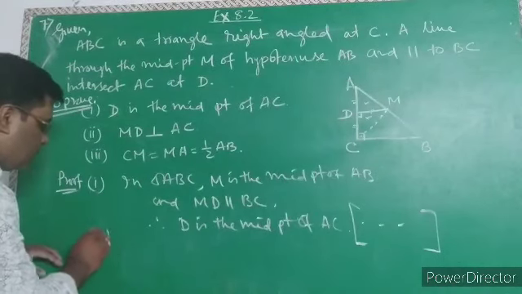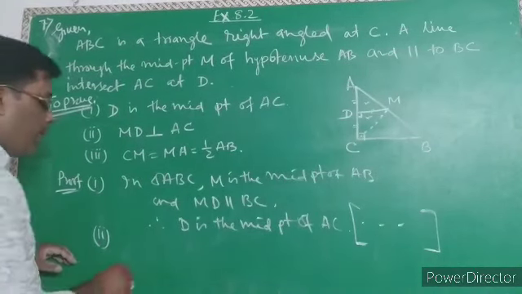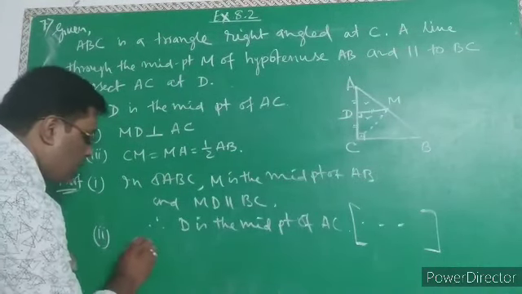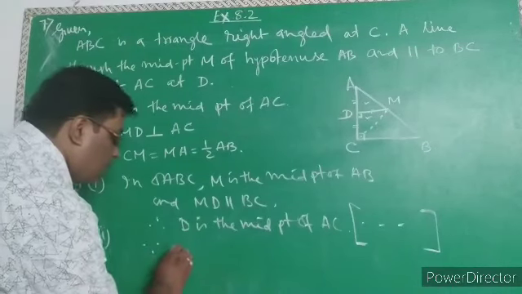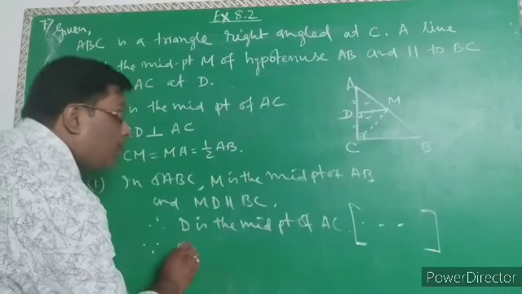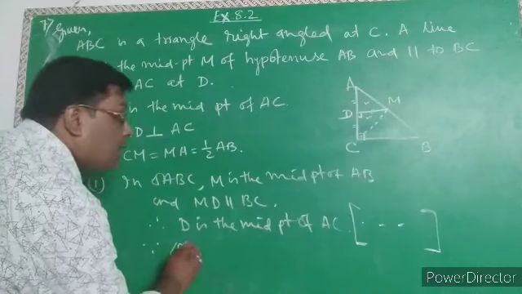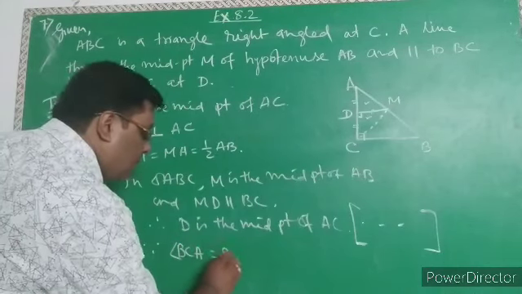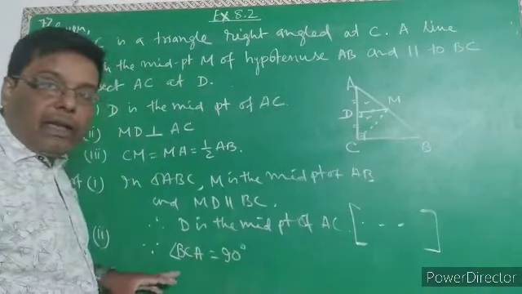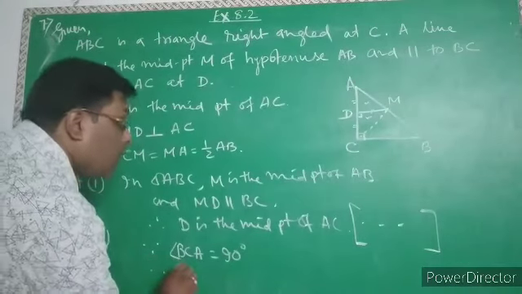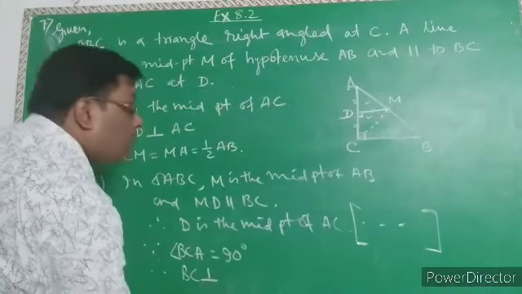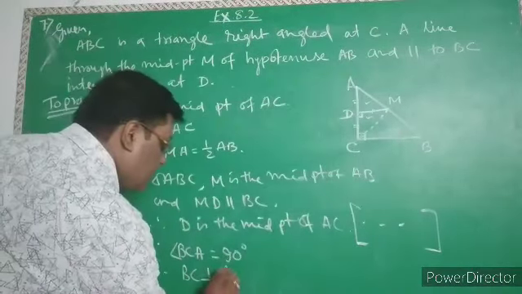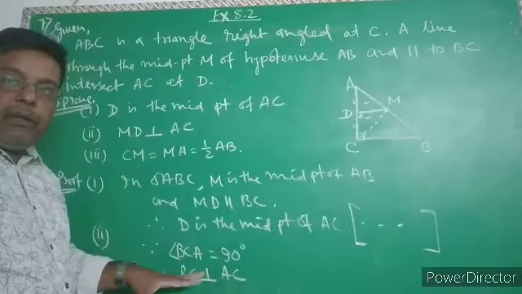Next, number 2. Since angle BCA is equal to 90 degree, therefore BC is perpendicular to AC.